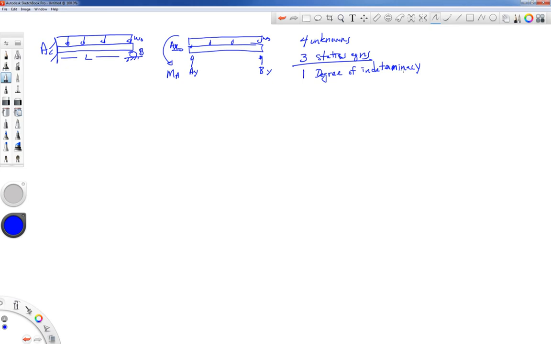A typical problem like this would be a propped cantilevered beam, or maybe even a beam that has a wall on both sides. What makes it a beam is that the loads are in the transverse direction. That's of length L, and the value is W naught.